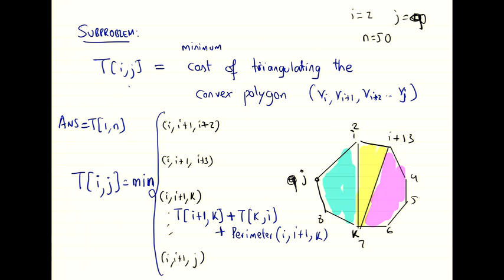So at all times, if we look at the convex polygon T of I to J, or the polygon formed by V I to V J, it consists of one contiguous section with one jump. And if you take that and you cut it, you see that both sides still have contiguous sections.